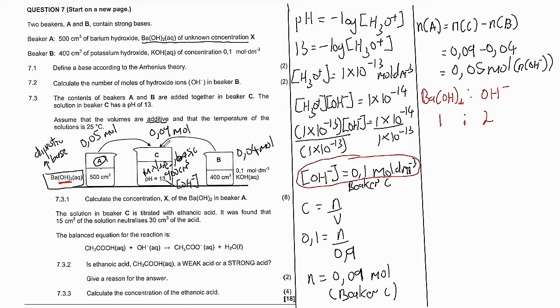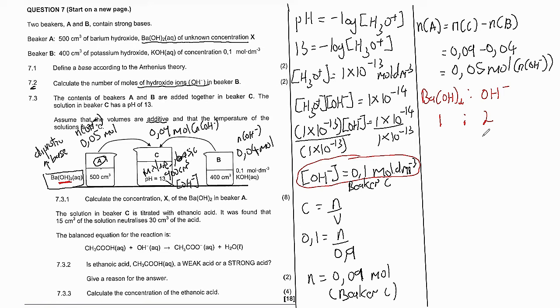Because remember, the 0.09 here was representing the number of moles of hydroxide ions. Also, the 0.04 here, according to 7.2, was representing the number of moles of the hydroxide ions. So when we took this and subtracted this, we ended up with the number of moles of the hydroxide ions.